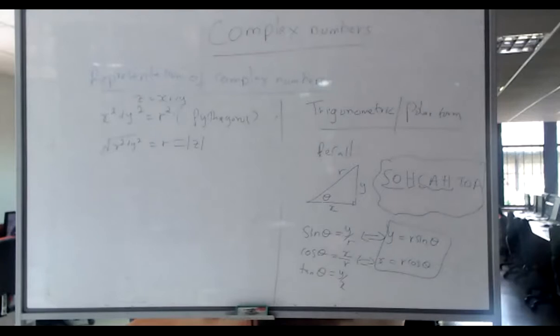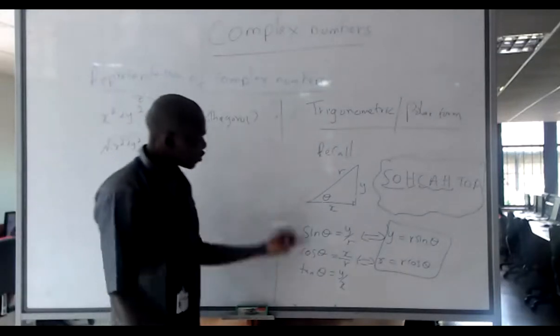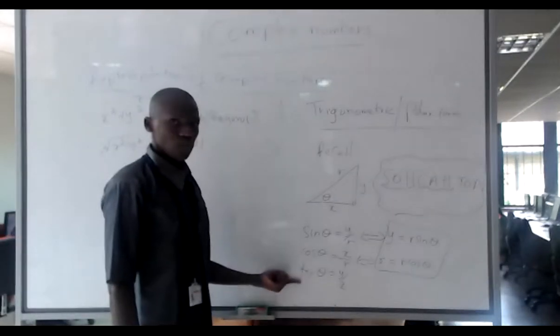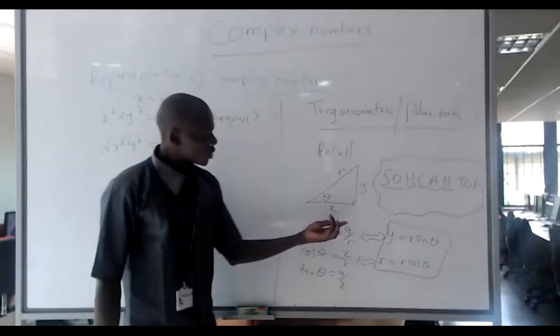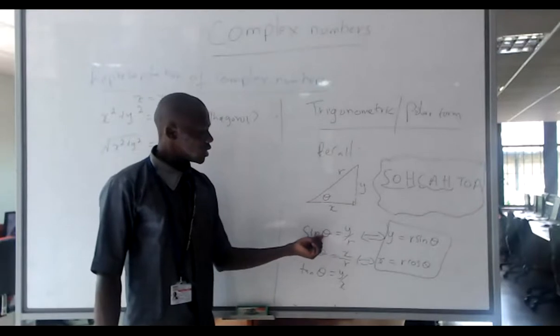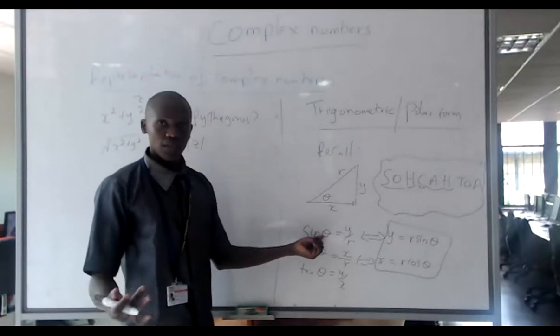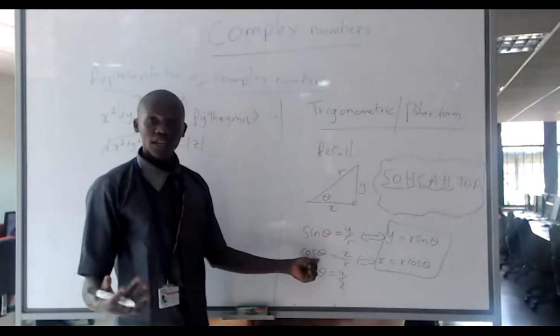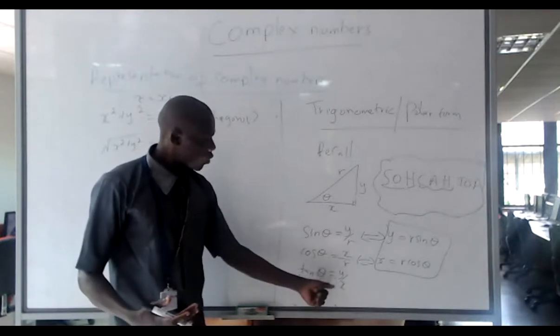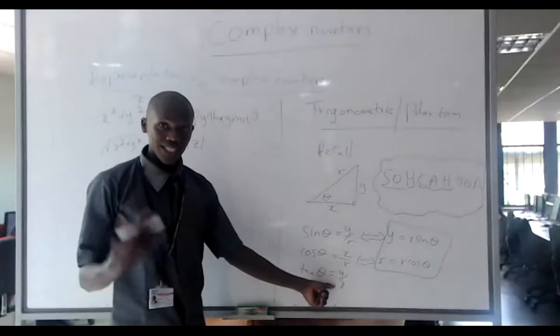And then to find the angle theta, you can use any of these ratios. If you know sine theta is y divided by r, suppose I give you y divided by r, to find theta, just compute the sine inverse. If I give you x and r, to find theta, use cosine inverse. If I give you x and y, to find theta, use the tangent inverse.